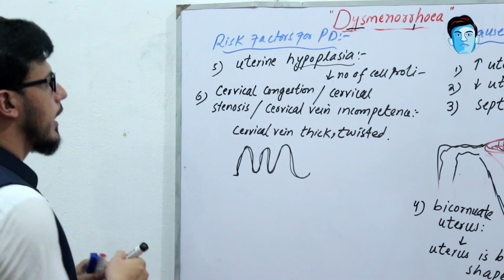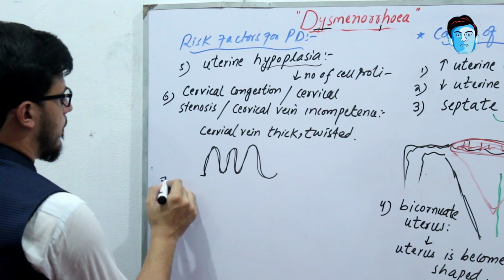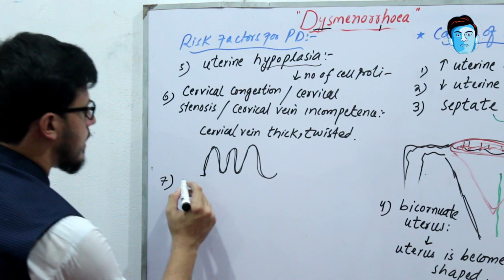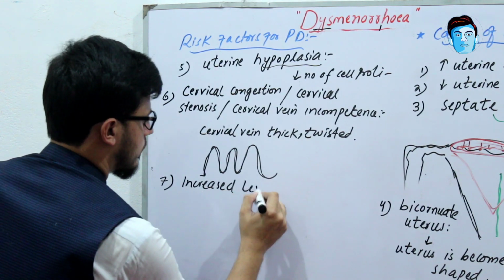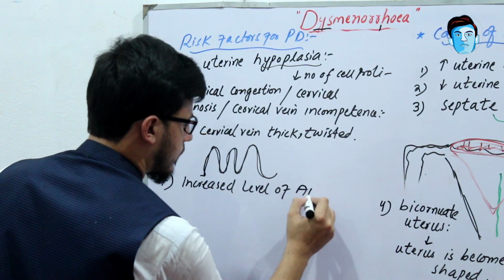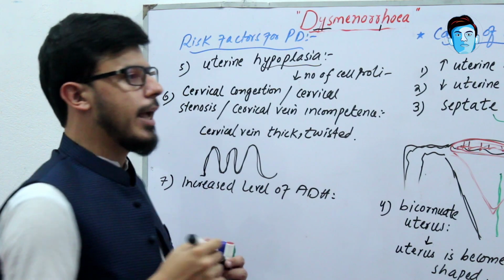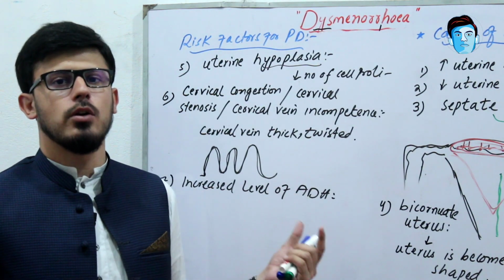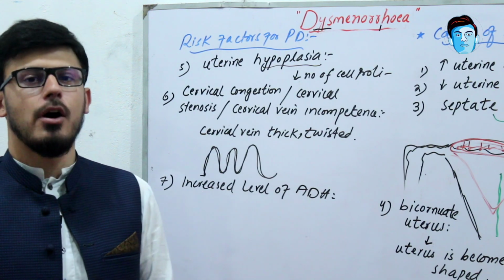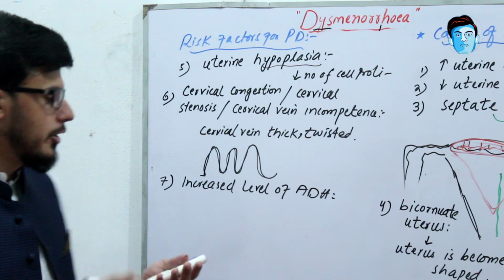Now what is another cause for primary dysmenorrhea? That is an increased level of ADH. ADH is also called vasopressin, and as you know, ADH, the antidiuretic hormone, is considered a powerful stimulant for the non-pregnant uterus.